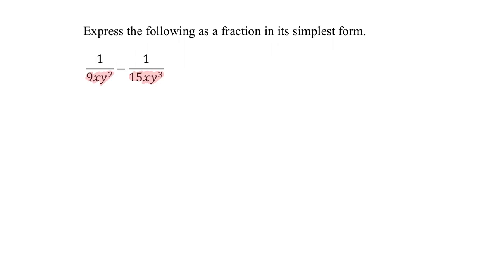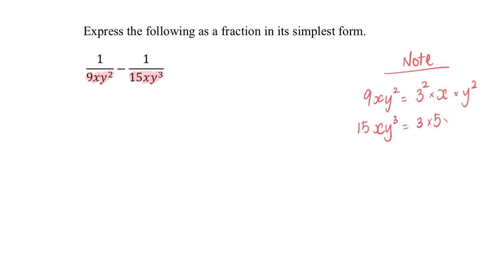So on a separate note, you could then see me writing 9xy squared as 3 square times x times y square, and my 15xy cubed as 3 times 5 times x times y cubed.